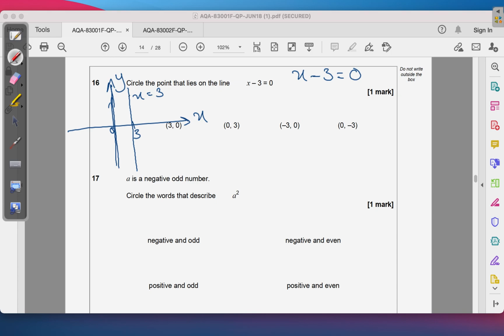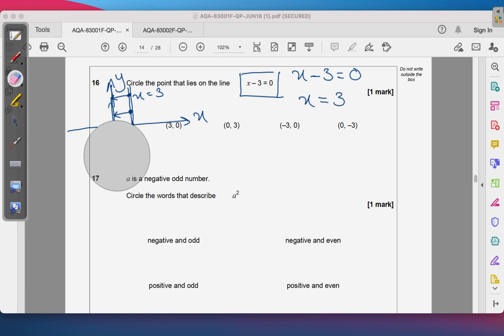If we're here and we take 3 away, we end up back at 0. If we're here and we take 3 away, we end up back at 0. So every single point along this line, if we take 3 away, we end up back at 0, which is what this is saying. It says if you take your x value and take away 3, you will always get 0. So that means that our line is x equals 3.